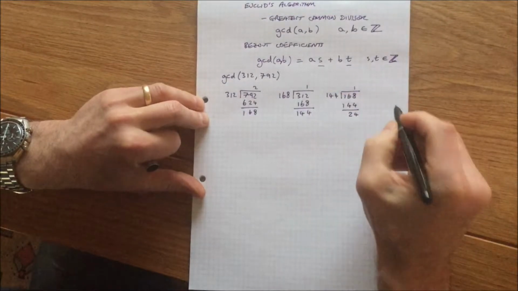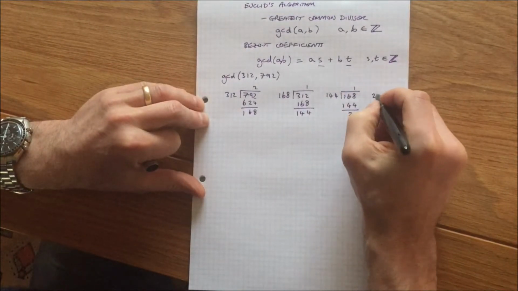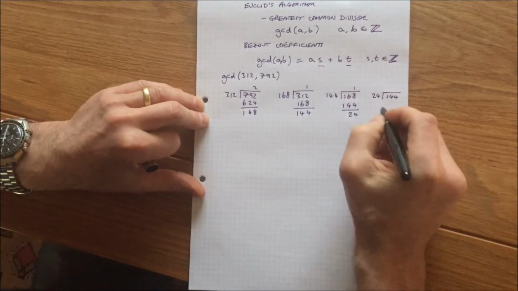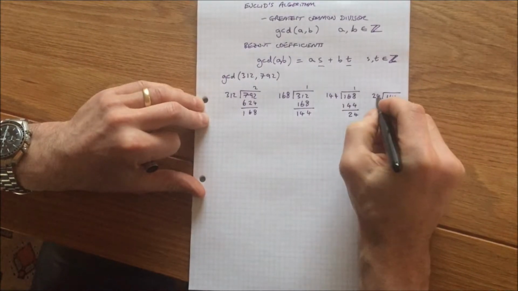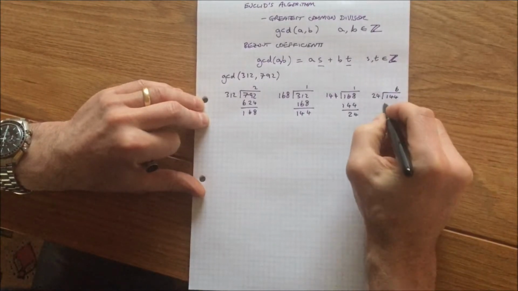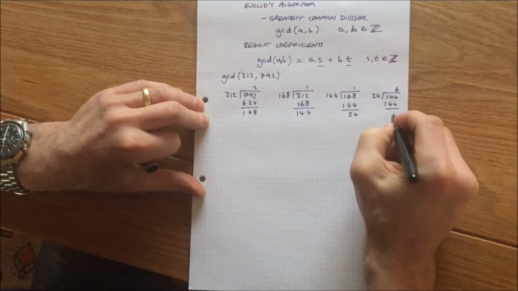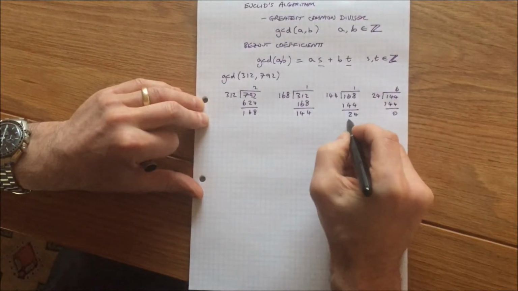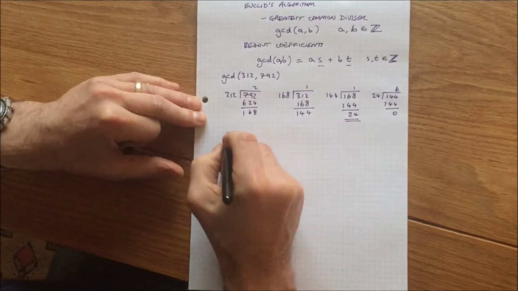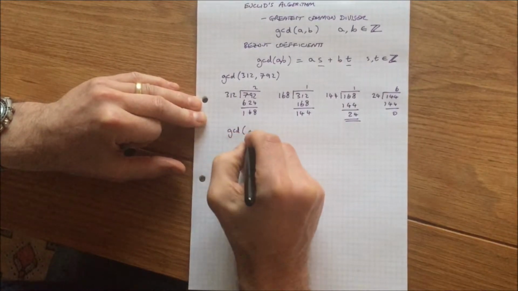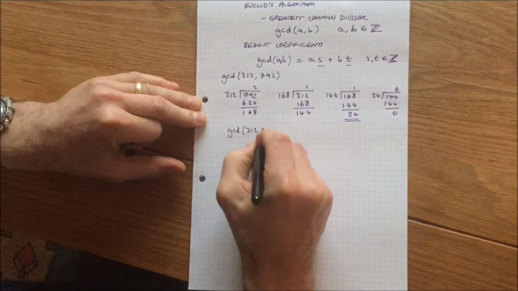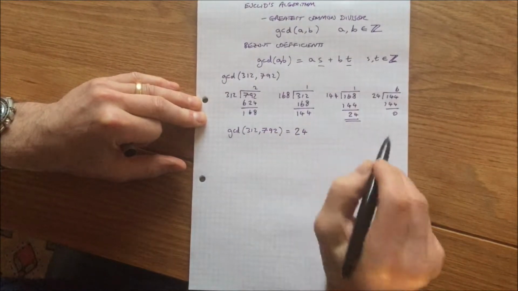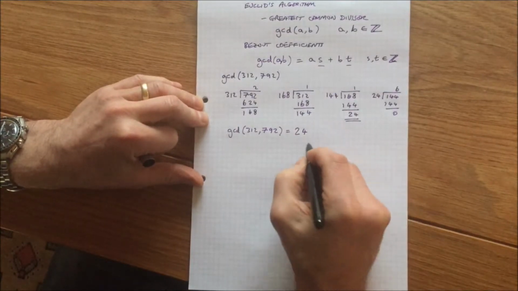New remainder into the next divisor, 24 into 144. 144 is 12 squared, so that's going to go in 6 times with 0 remainder. So this tells us that the GCD is 24. So GCD of 312, 792 is 24. So we're done on that one.